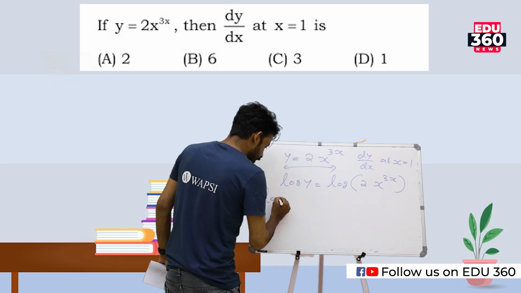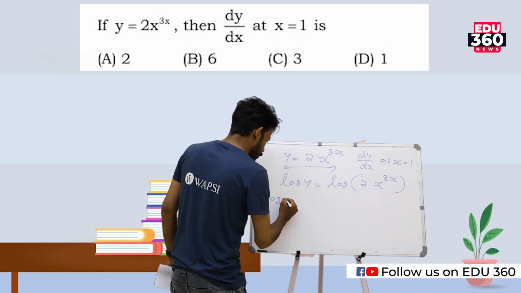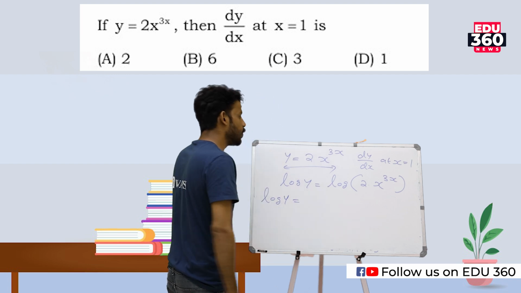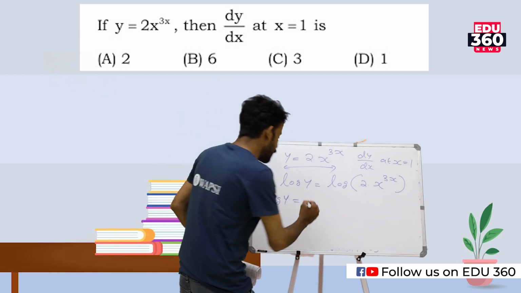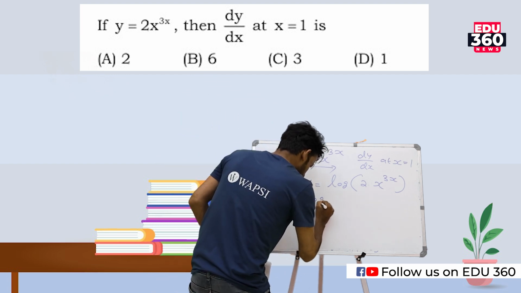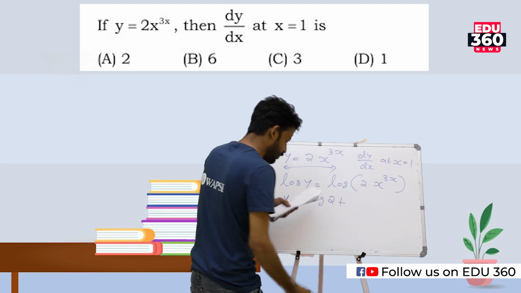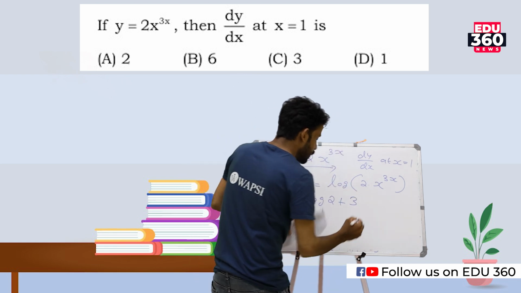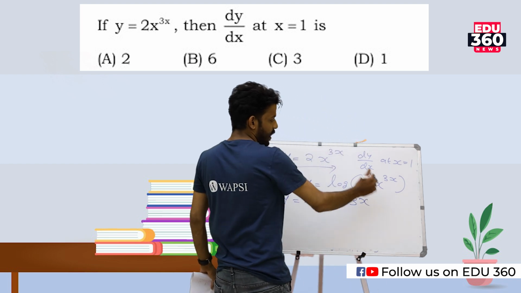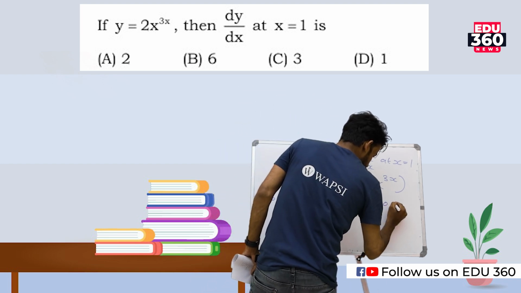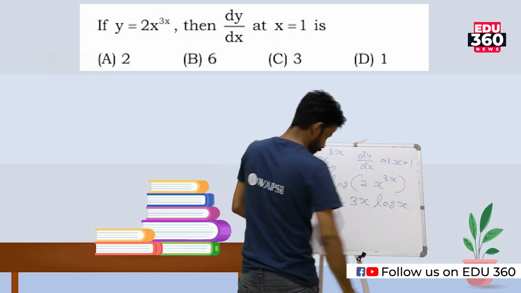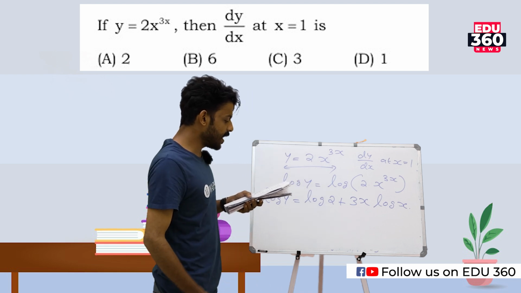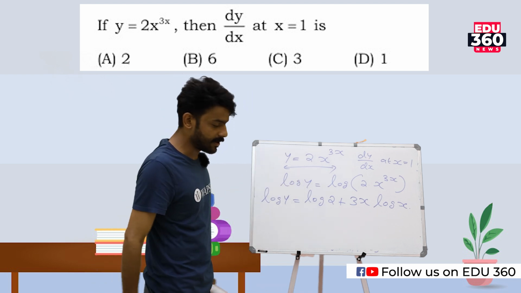On the LHS we have log y, and on the right we can write log 2 plus 3x log x. Hereafter we can find the derivative.